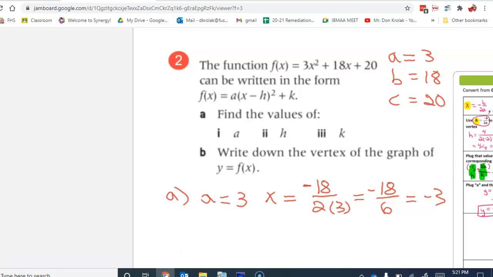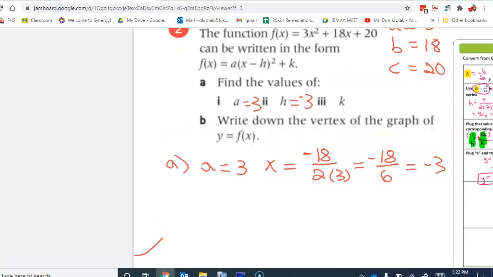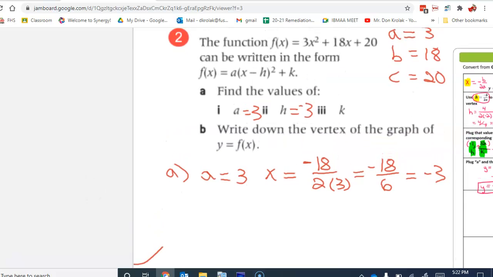So -3 now is my h, that's the x-coordinate of the vertex. Now to get the y-coordinate of the vertex, we're going to plug -3 into our original equation and get the y value. So right now my vertex looks like this, -3, and then to get this value, I'm going to plug -3 into there.